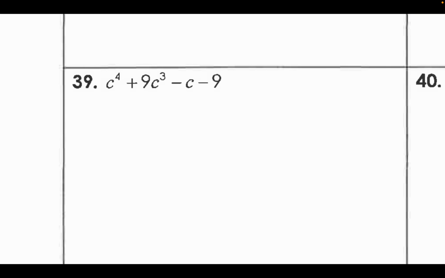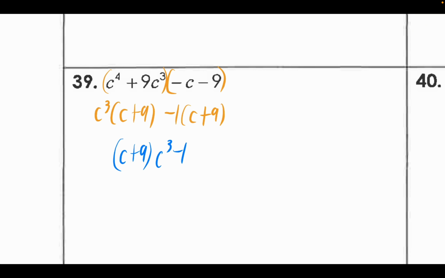Number 39. Group the first two, group the last two. First two have a c cubed in common, which gives us c plus 9. Last two have a negative 1 in common, which gives us c plus 9. Those match, so c plus 9 becomes one factor, and c cubed minus 1 becomes the other factor. This is not a difference of two squares. However, it's a difference of two cubes.